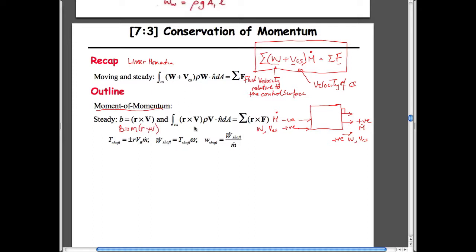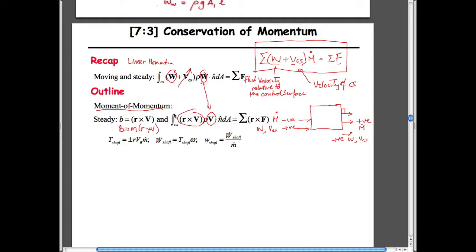And so hopefully you can see some kind of symmetry between this term here and this term here, where the control surface isn't moving.